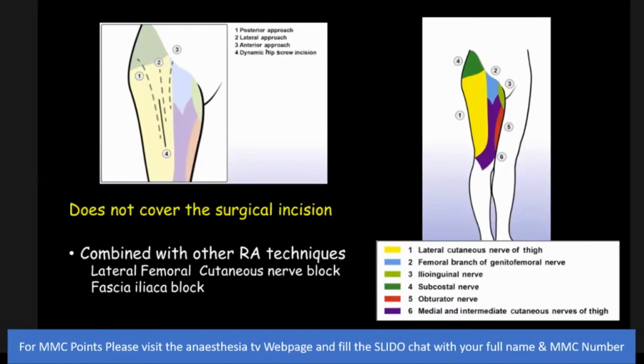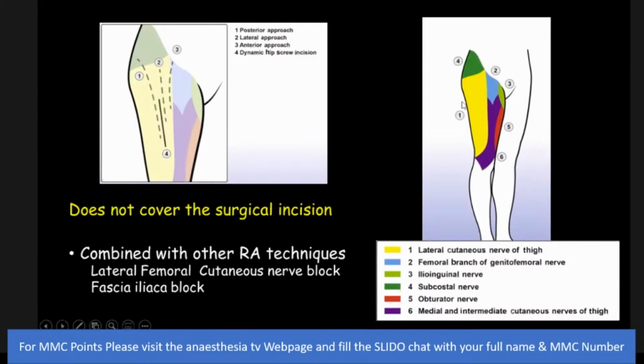The important point to note here is that this PENG block does not cover the surgical incisions. If you see the common incisions, this is the posterior incision, this is the anterior incision, these are the posterior approach to hip surgeries, anterior approach, lateral approach, and this is the incision for the DHS.